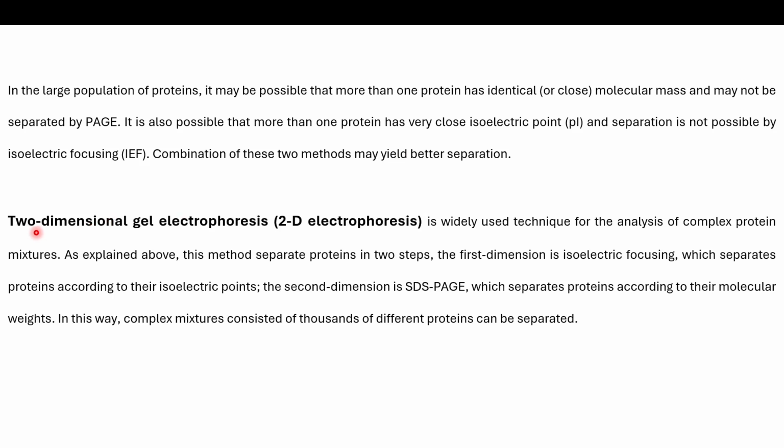So what happens here is that two-dimensional gel electrophoresis, or 2D electrophoresis, is widely used for analyzing complex protein mixtures, where it separates the proteins in two steps. First dimension is isoelectric focusing, which separates the proteins according to their isoelectric points. Second dimension is SDS page, which separates proteins according to their molecular weights. And hence, complex mixtures consisting of thousands of different proteins can be separated.